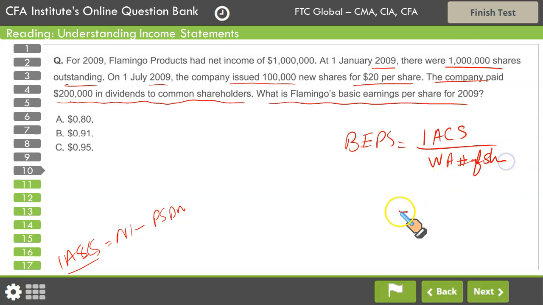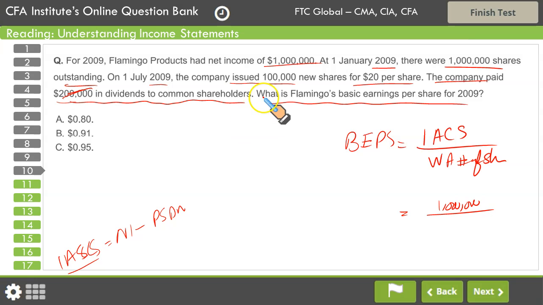So do we have net income? Yes, we do. Is there any preferred stock dividend? It's only common stock dividend, so that is not deducted from your IACS, just preferred stock dividend. So we take net income as given, and we need the denominator, the weighted average number of shares.